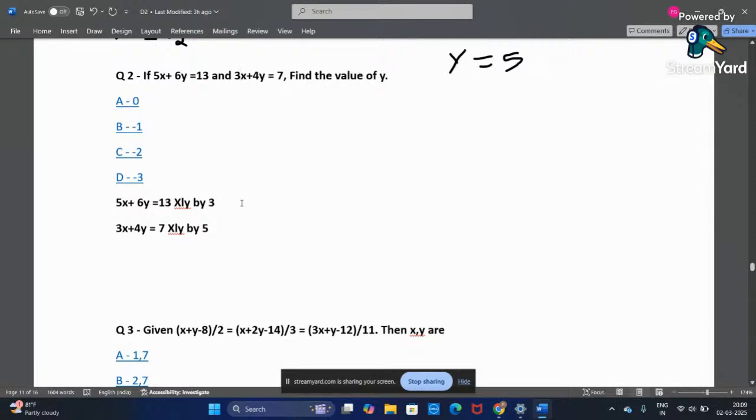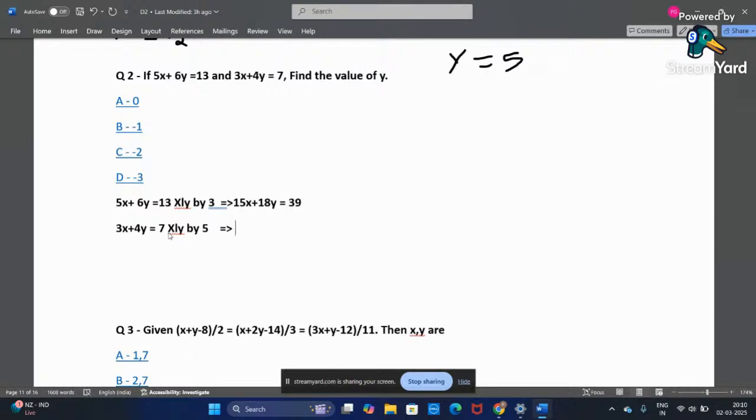Okay. After multiplying, we are getting 15x plus 18y equals 13 3s, it is 39. Any doubt?